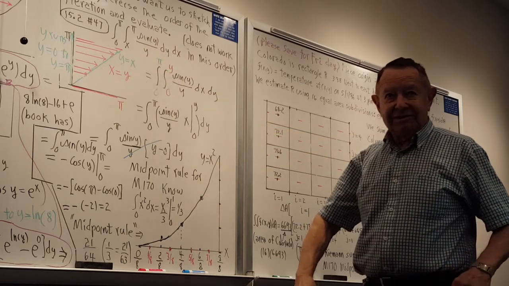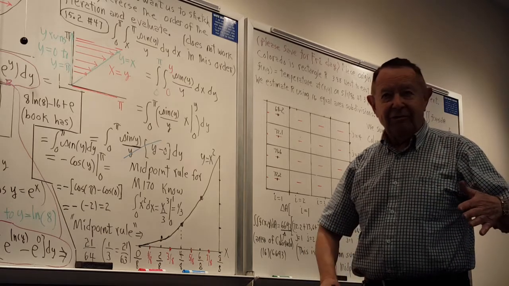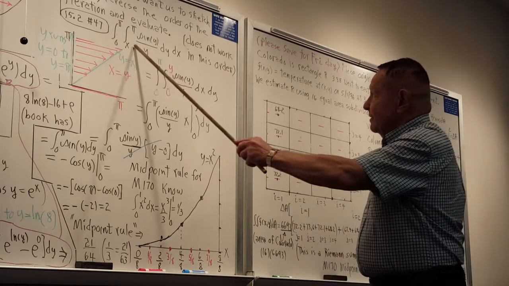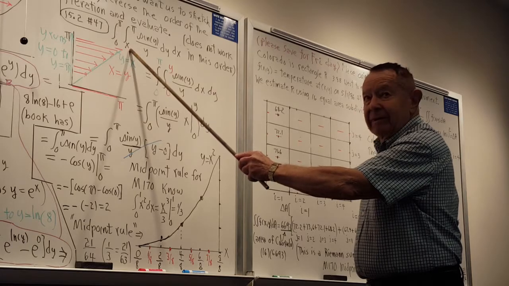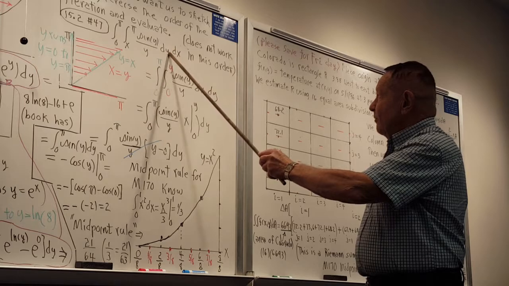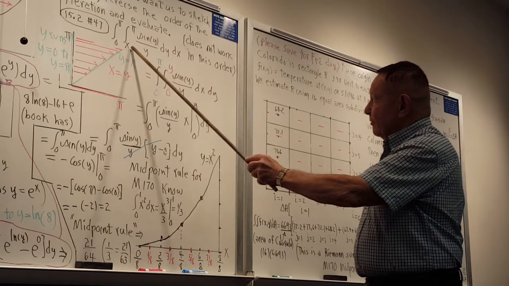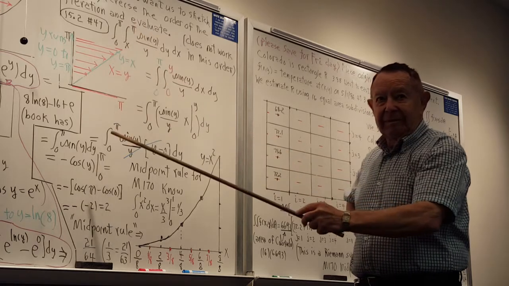Yesterday's class, where we worked in section 15.1, they were all rectangles. So instead of something like this, you would have had a number here. Yesterday's problems were all y equals, if it was dy dx, y equal this number to y equal that number.